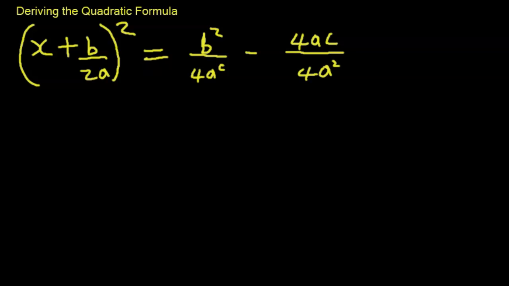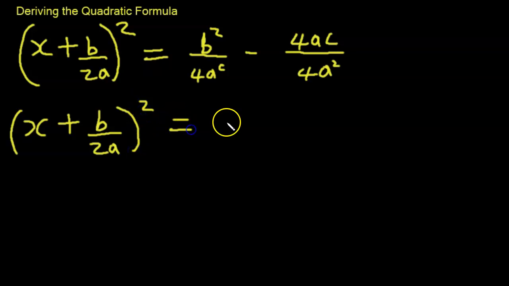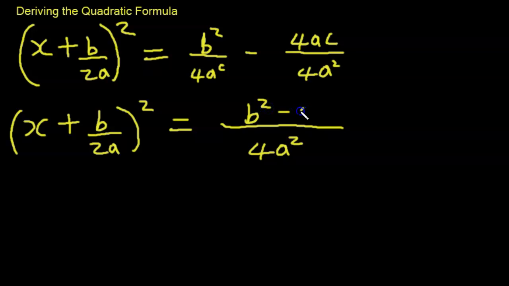So that we have that in our next step. And now, because both of those terms on the right hand side have a common denominator, we can just group the numerators. So one denominator, 4a squared. We can group the numerators, b squared minus 4ac.